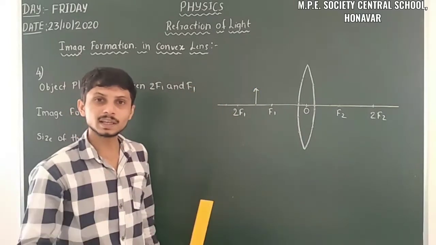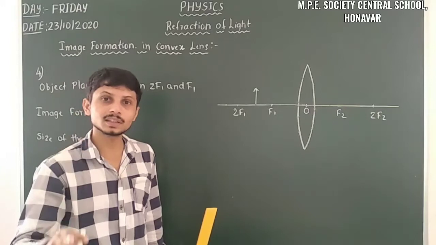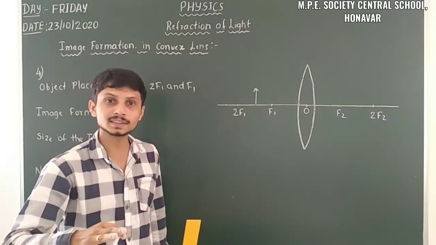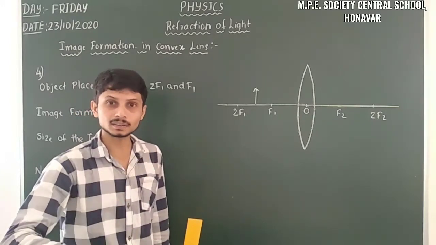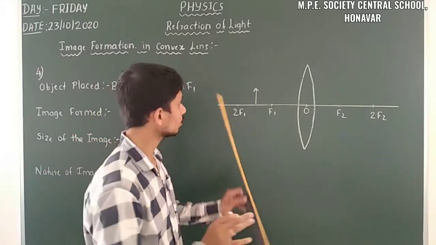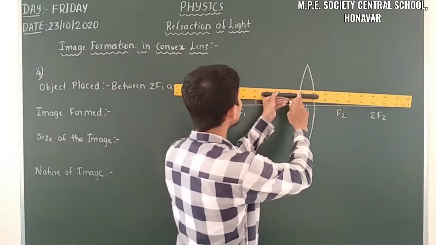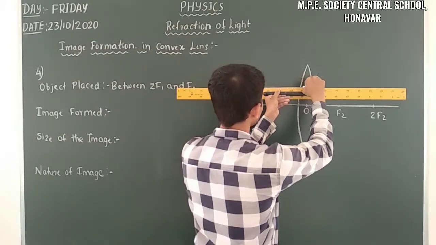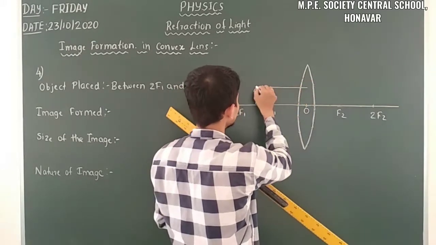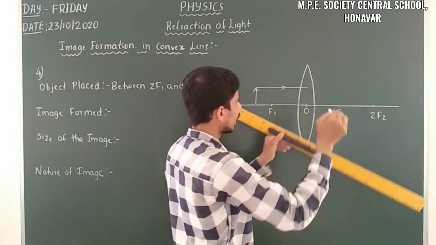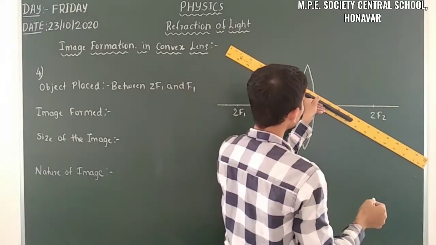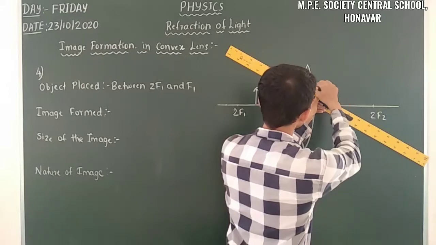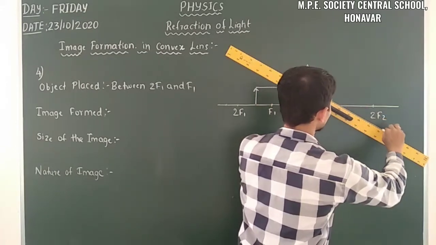Here also we have to consider a ray parallel to the principal axis and a ray that passes through the optic center only. So likewise we have to draw. Here I consider a ray parallel to the principal axis. After refraction it passes through the principal focus.